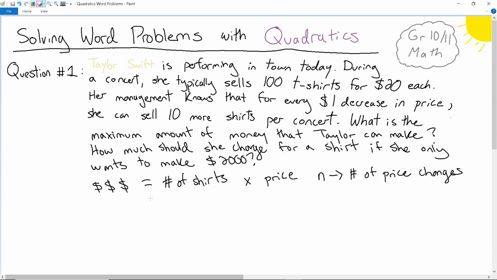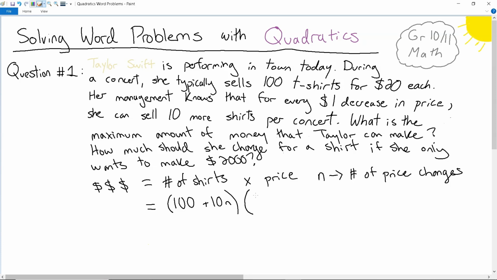So how could I represent the number of shirts sold using the variable n? So I know I start with selling 100, and for every change in price, I'm going to sell 10 more. So that's how I would do that, 100 plus 10n.